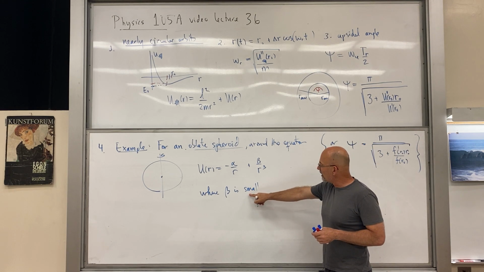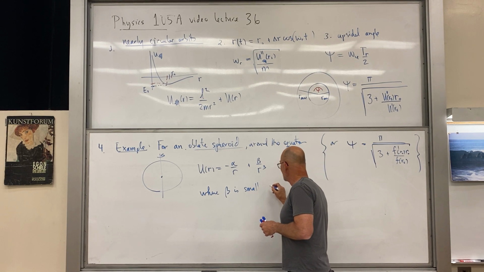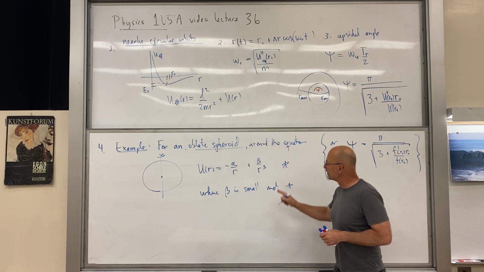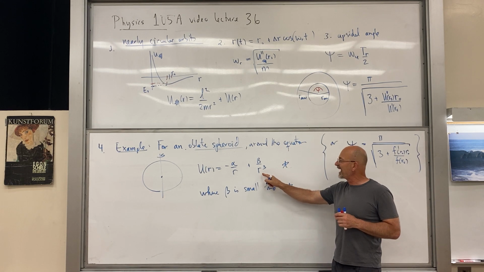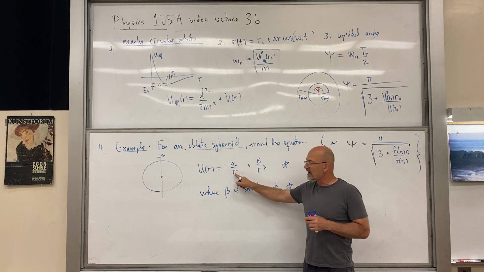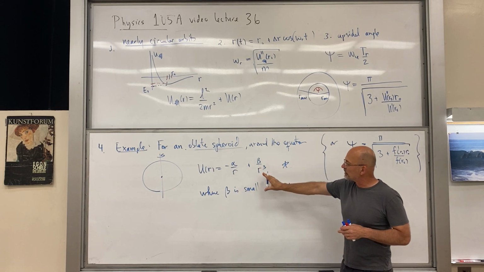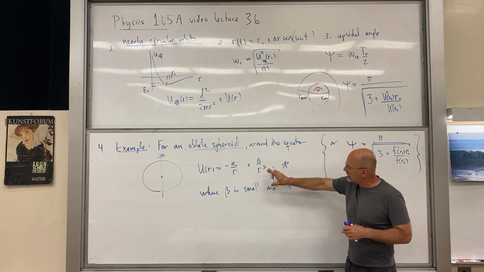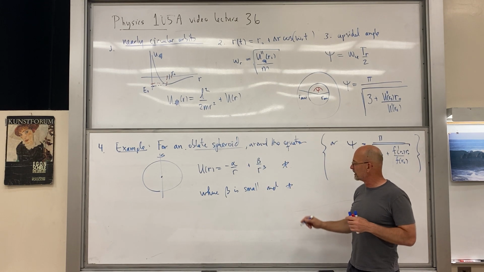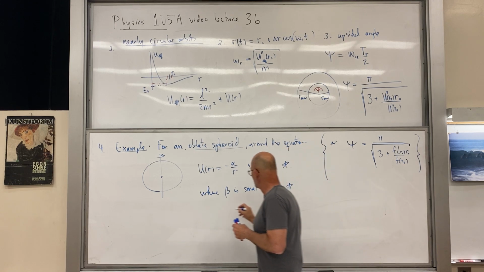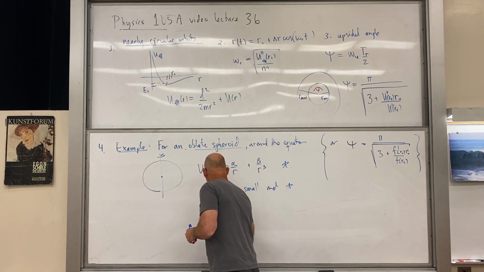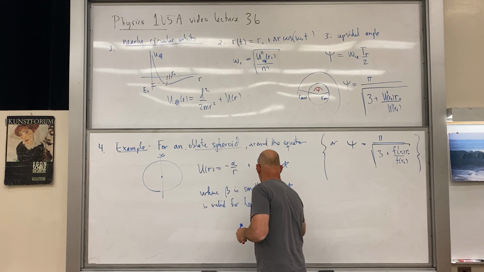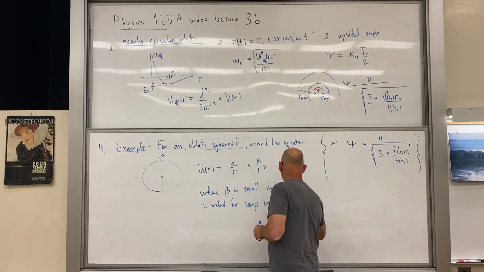Where beta is small, and this expression star holds for large values of r. We can't take this down to small values of r. It won't be true. So because it's a series expansion in powers of 1 over r, it's true for large r. And star is valid for large values of r.